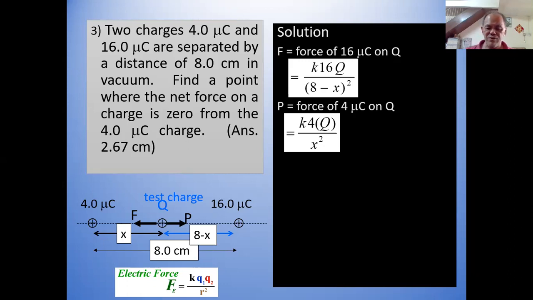And then for no net force, the two forces are equal. That's all. Yeah, to be able to get the answer.